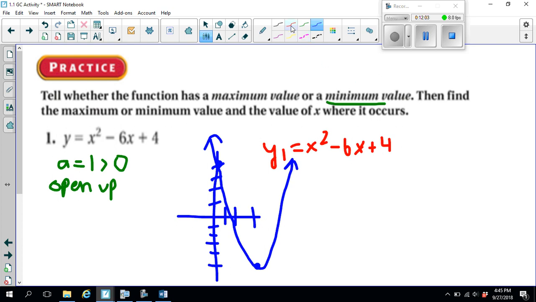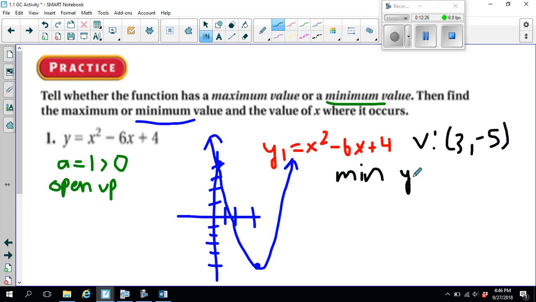And now the last thing, because it did ask us, find the max or min. Once again, we're finding the minimum, and then the x value where it occurs. So our minimum, I'm going to write what the vertex was. So remember that was 3, -5. So our minimum, remember, occurs with our y value.